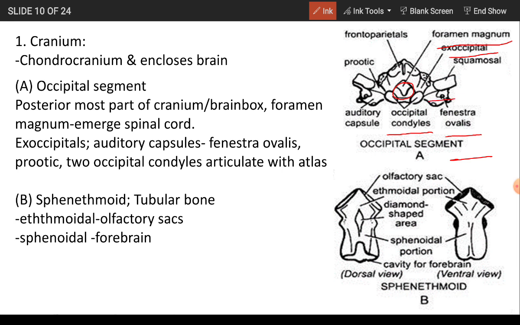This is the wing-like projection that encloses a minute opening called the fenestra ovalis, which leads to the auditory capsule on either side. This is the auditory capsule, which is led by the minute opening called fenestra ovalis.